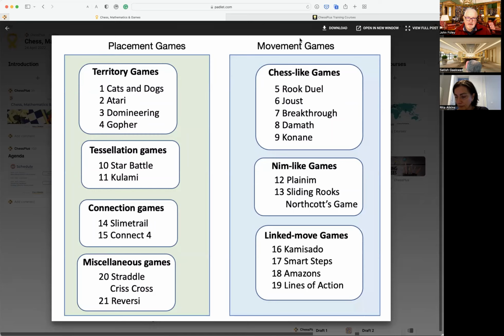Okay, so just moving on. We've looked at placement games. Now, in terms of movement games, there are a lot of games where, if you can play chess, you'd feel fairly comfortable at least understanding what moves are, even if you haven't got the strategy.